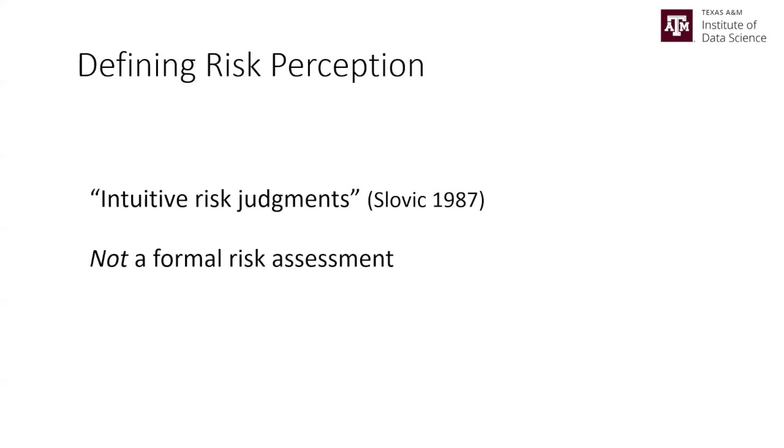So when you think about storm surge, do you feel personally at risk? Do you think it's going to affect you negatively? What kinds of emotions do you feel in response to the idea of storm surge in your community? These things are what I am trying to get at when I talk about the idea of risk perception. And why is this important?